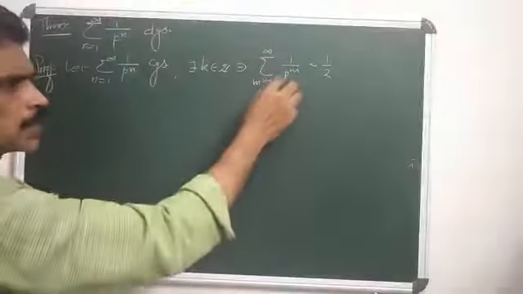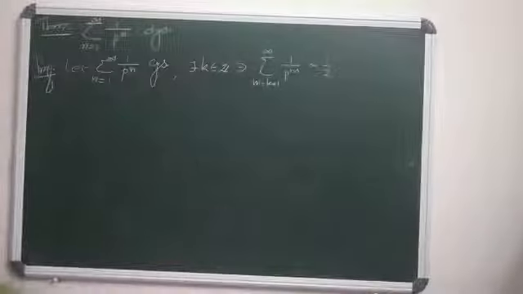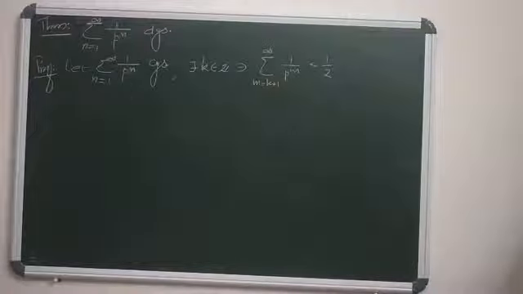Our requirement is that the sum diverges, but we assume it converges. Since p is a prime, the least prime is 2, so that inequality should hold.